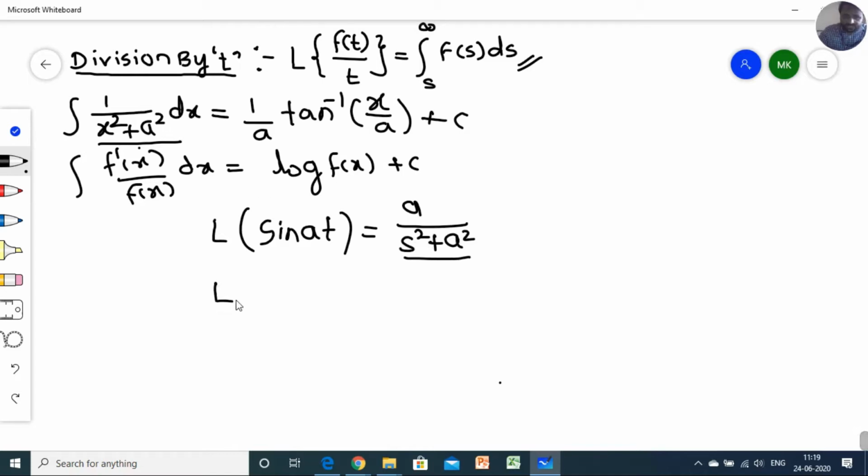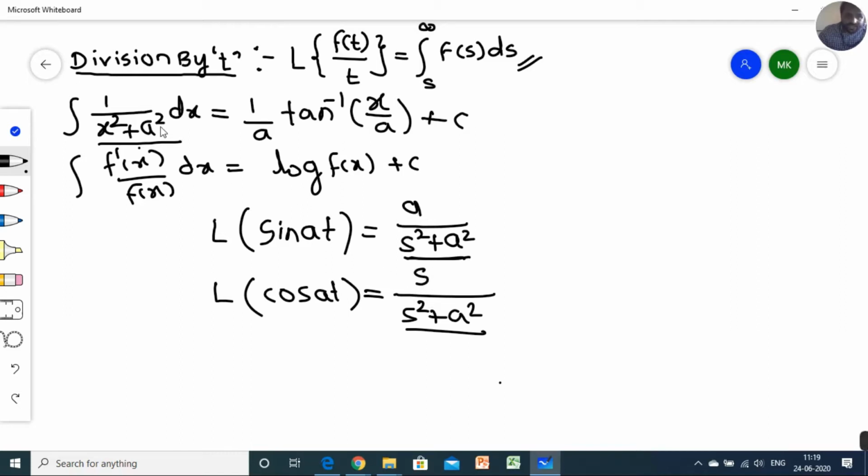And suppose I have to calculate the Laplace transform of cos of at, what will it be? That is s upon s square plus a square. Both denominators are the same, but the difference is in the numerator. In sine the numerator is a constant term, but in cosine the numerator is a variable term.